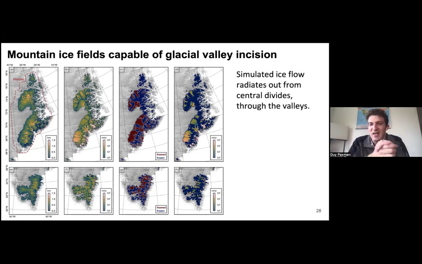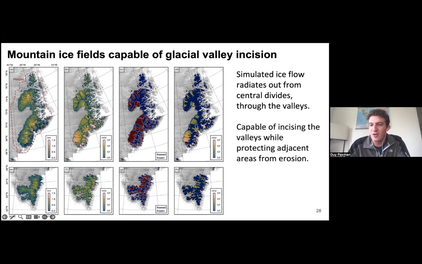So you can see that radiation of velocity out from the central divides along the mountains through those valleys. And I think these bodies will be much more capable of incising the valleys, while also protecting adjacent areas from erosion.